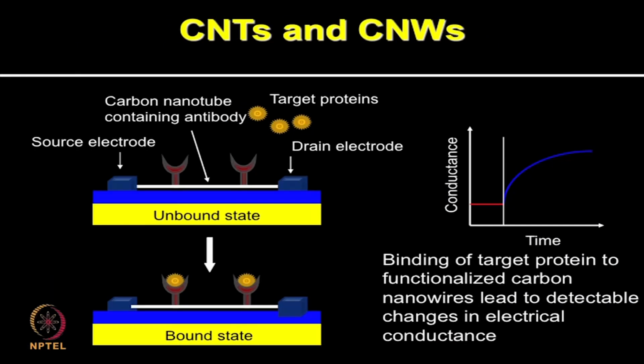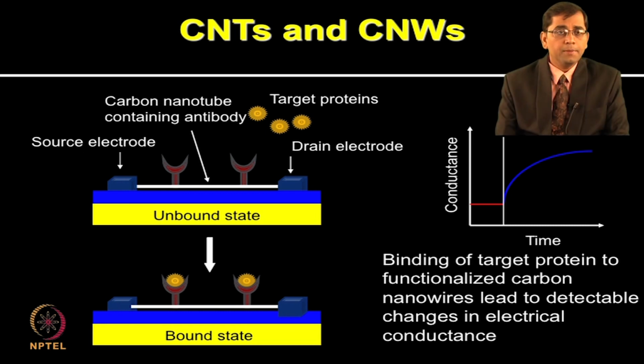The slide shows the image for carbon nanotubes with functionalized antibody. The image on the top represents the unbound state, where you have a source electrode and a drain electrode. Some target proteins are observed to be binding in the bottom image, showing a change in conductance displayed in the graph on the right.